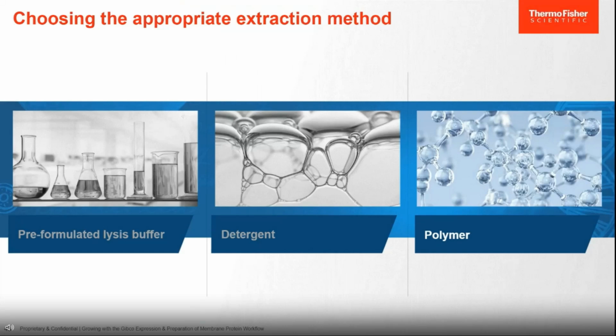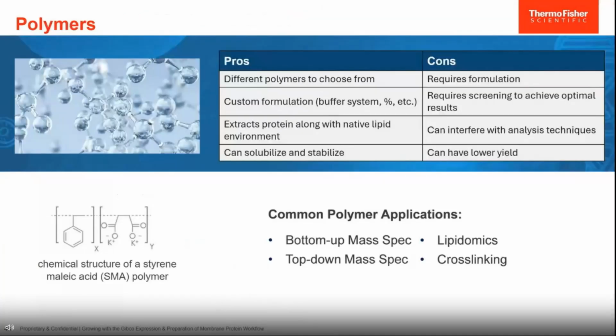Now that we've talked through a few different detergent strategies, I want to highlight one more method to consider for extraction and stabilization: polymers. As with detergents, there are different polymers to choose from, and they also require formulation and screening. But again, this allows you the flexibility to customize to your protein's need. Like detergents, polymers can solubilize and stabilize membrane proteins.